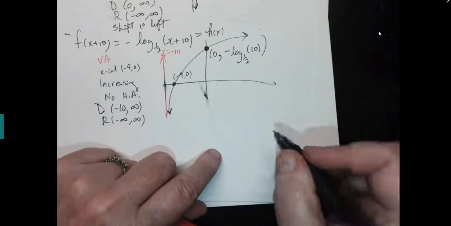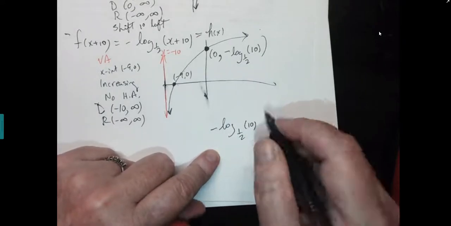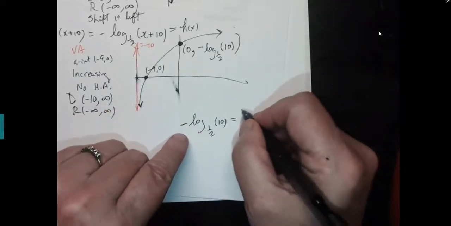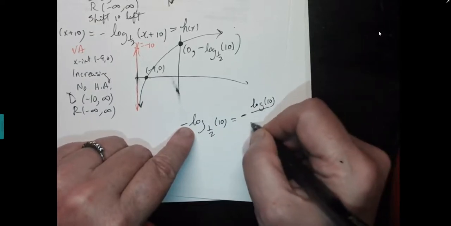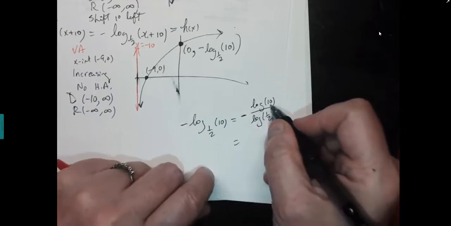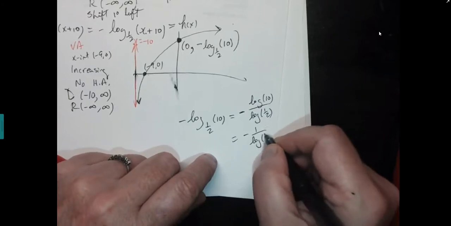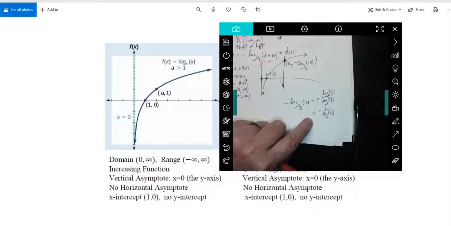If I was going to approximate it to 3 decimal places, and I want to put that in my calculator, which can only do calculations in base 10 and base e, I'll take it to base 10. The common logarithm of 10 is just 1. And let's see what that number is if I had to approximate it.